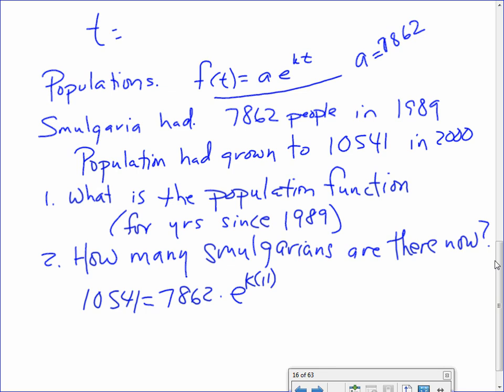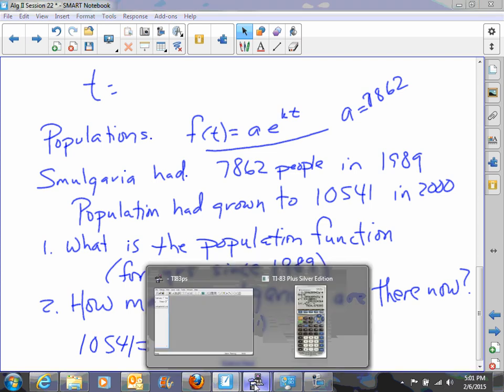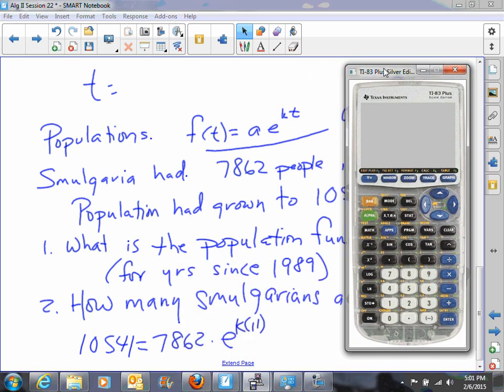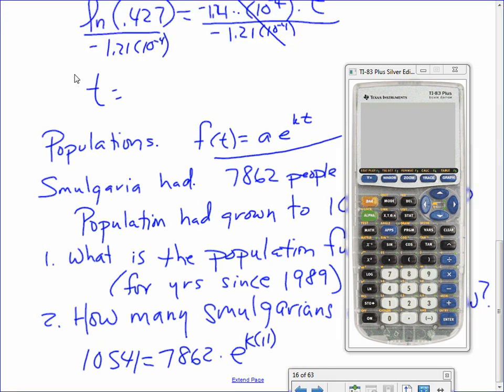First, I need my calculator here, so let's see if I can get the calculator up on the screen, and then go back to full screen. There we go.